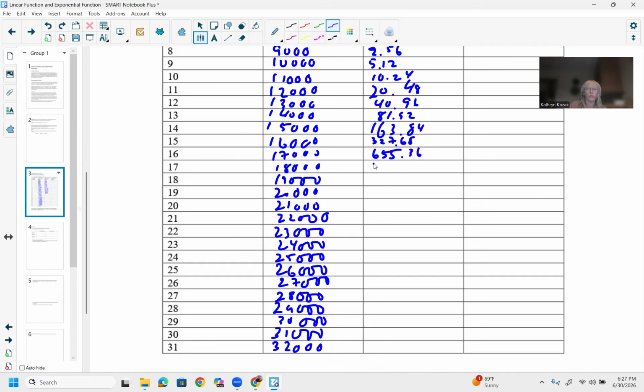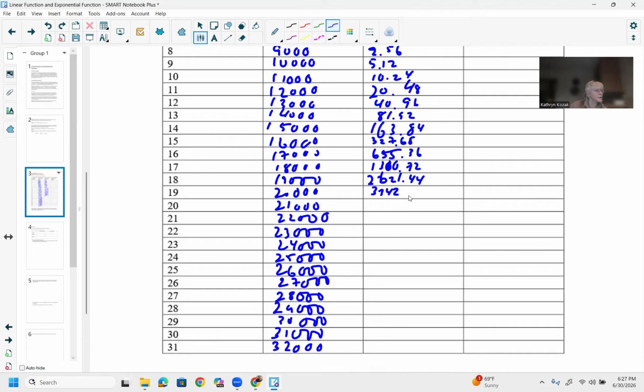Double it again. We're at $1,310.72. Double it again. We're at $2,621.44.